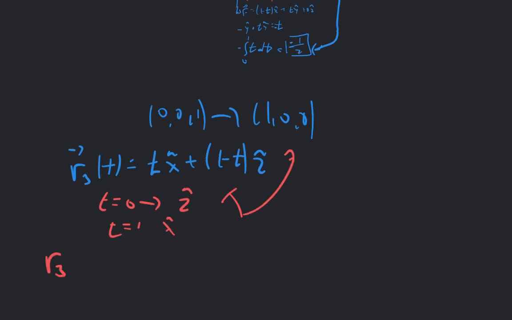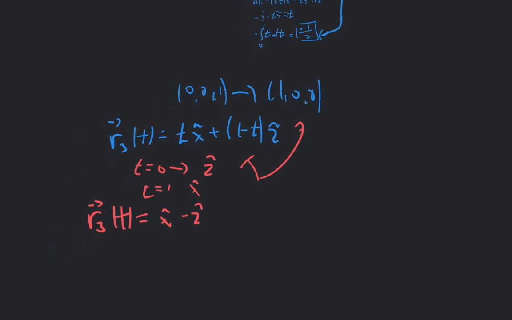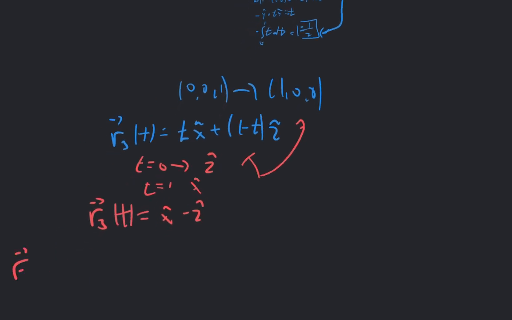So then we can take the derivative of R3. This would be just x unit minus z unit, and then we're going to dot that with f. Remember, for this one, x is equal to t, y is equal to 0, z is t(1 minus t).